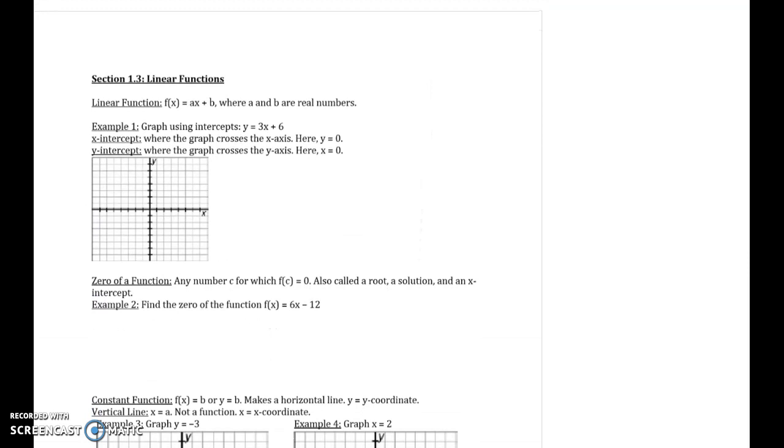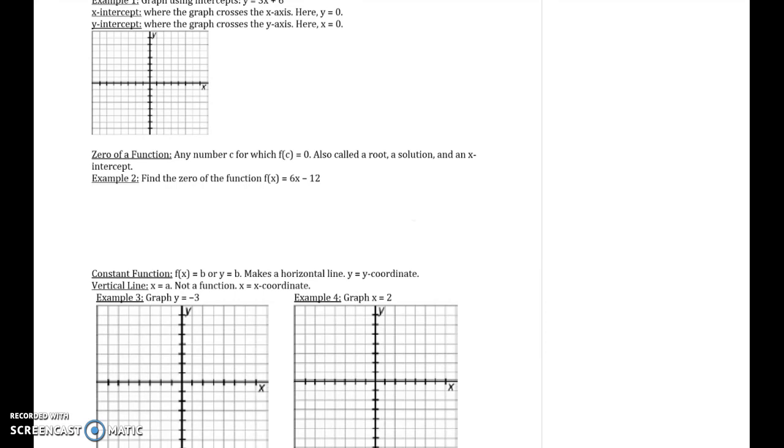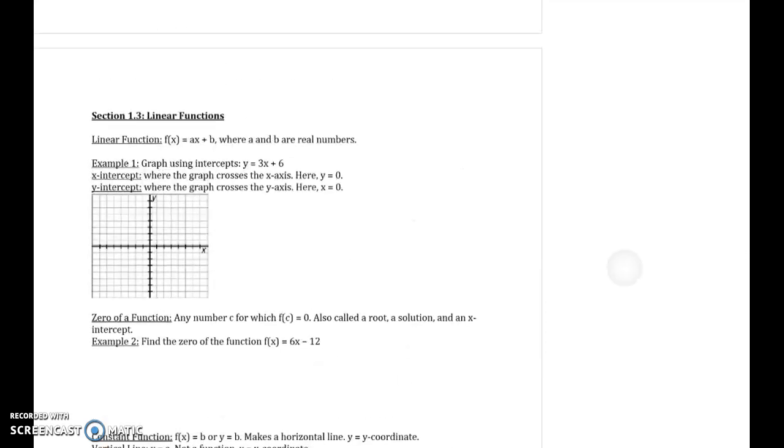All right, so now if I want to continue a little bit and make sure that I understand what I'm doing, you have right here a linear function, f of x equals ax plus b, where a and b are real numbers, and we're asking you to graph 3x plus 6. Well, you have different ways to do that. To do it, I'm going to use the slope-intercept form.